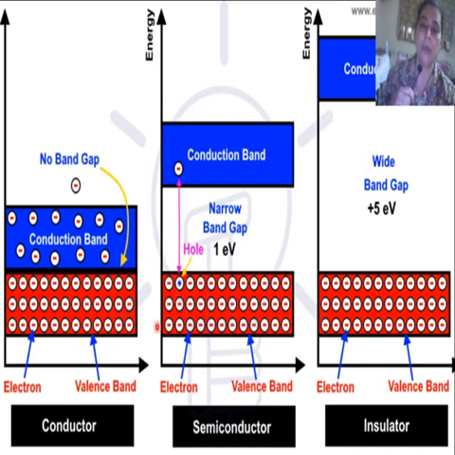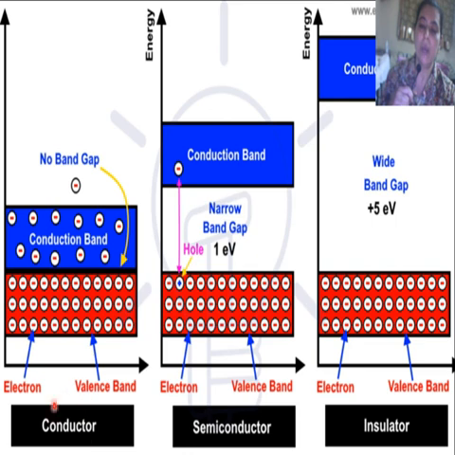The gap between the valence band and the conduction band is known as the energy gap, or forbidden gap. Here also you can see the forbidden gap, and in the insulator also you can see the gap between the valence band and conduction band, that is the forbidden gap or energy gap.